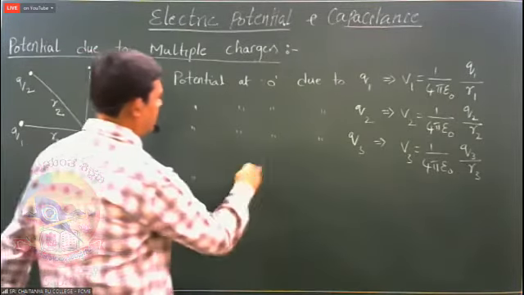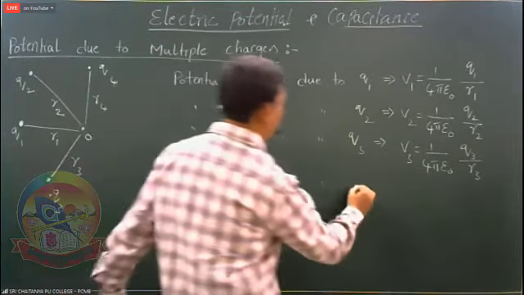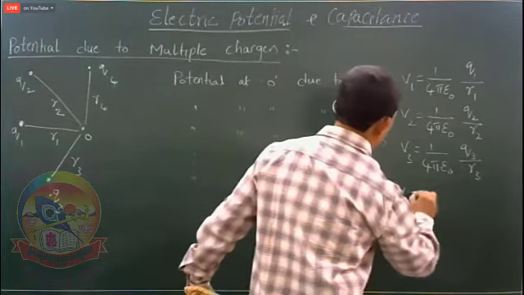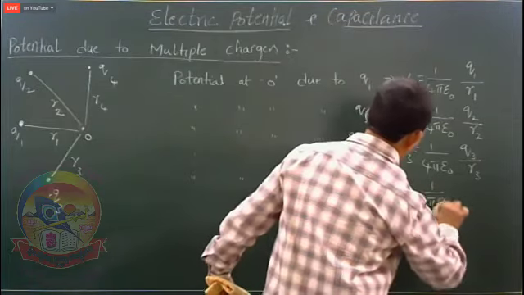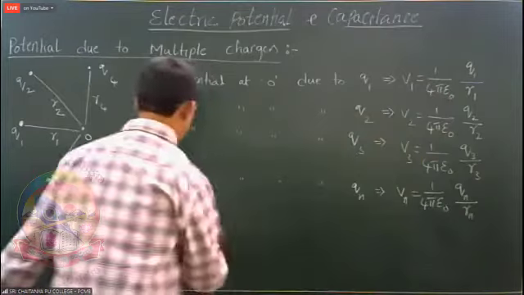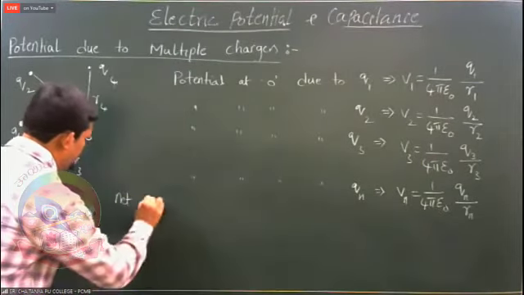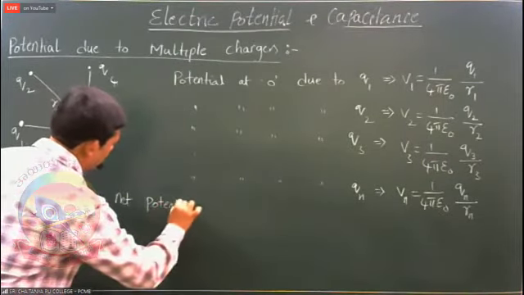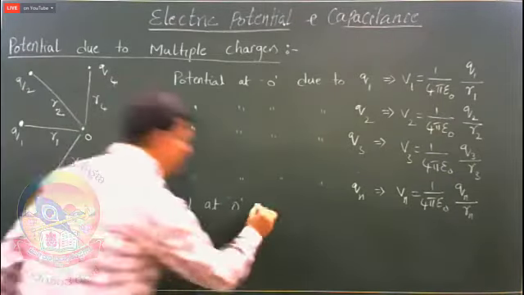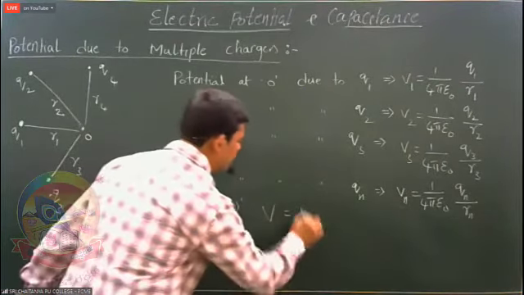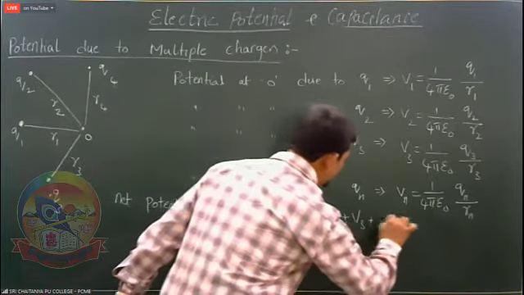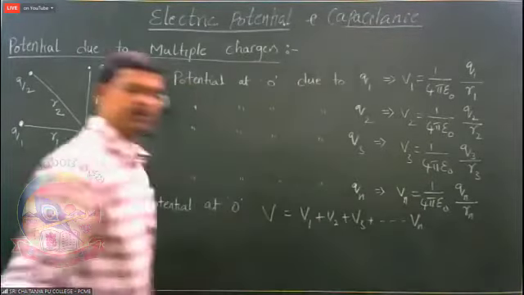The net potential at O, V, is simply V1 plus V2 plus V3 and so on up to Vn.